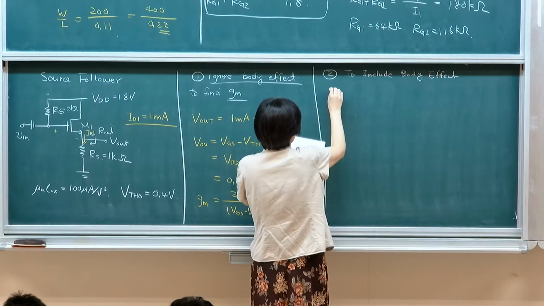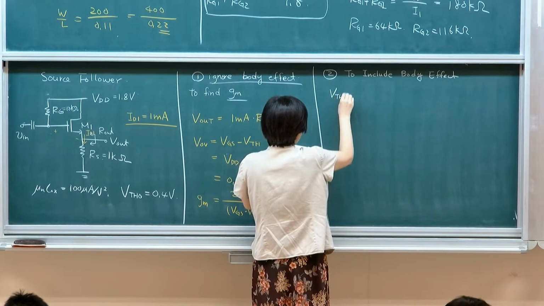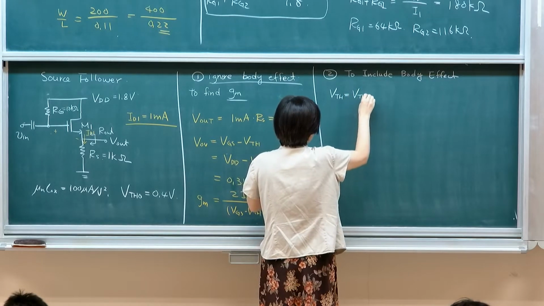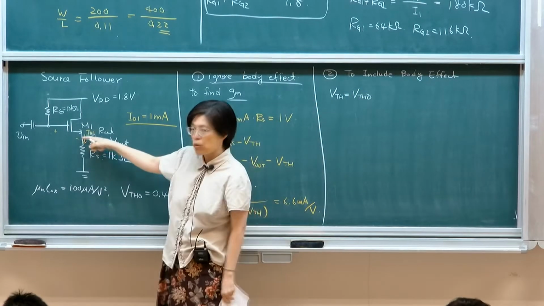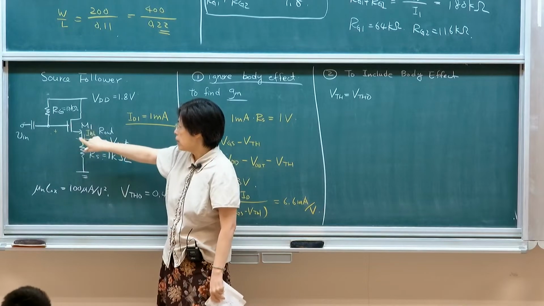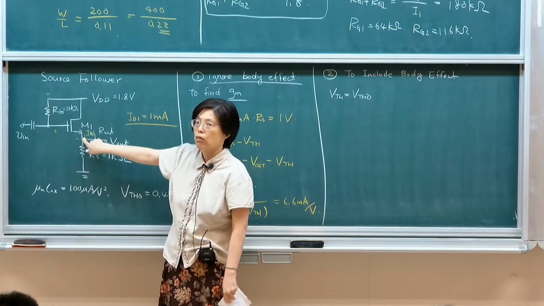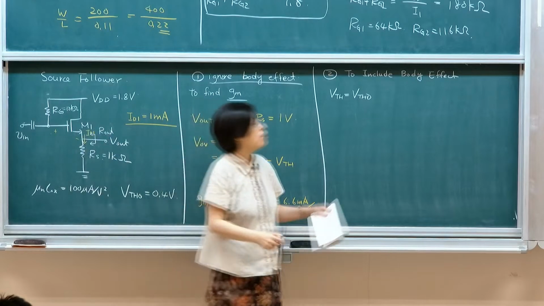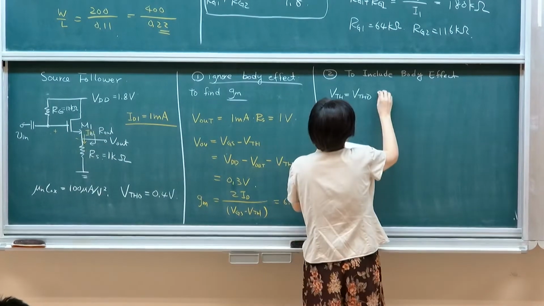So let's give the equation. The actual threshold will increase, because VSB is no longer 0. You have a raise of threshold.